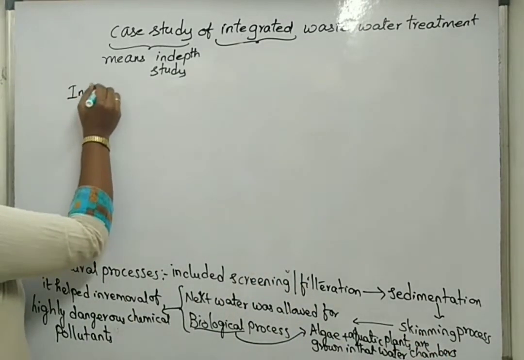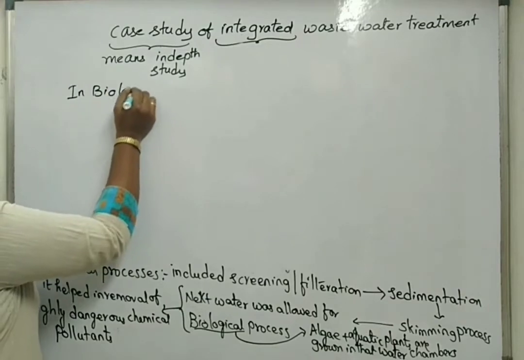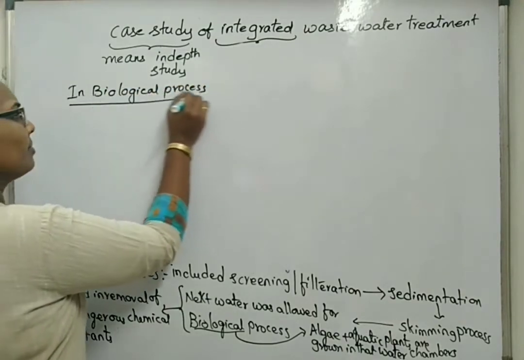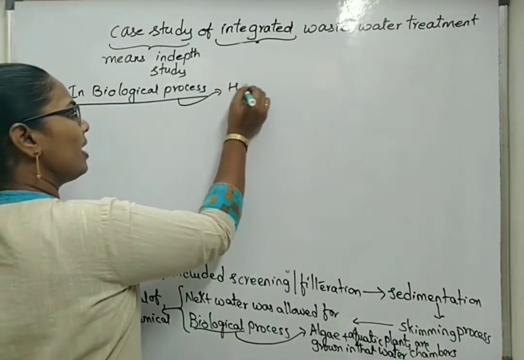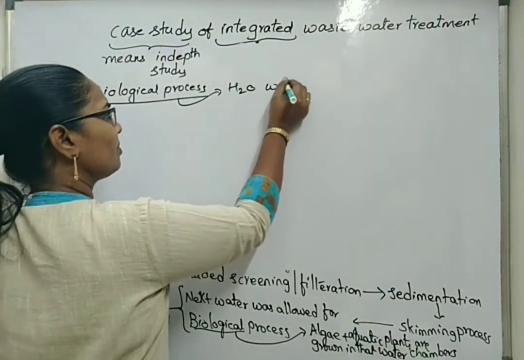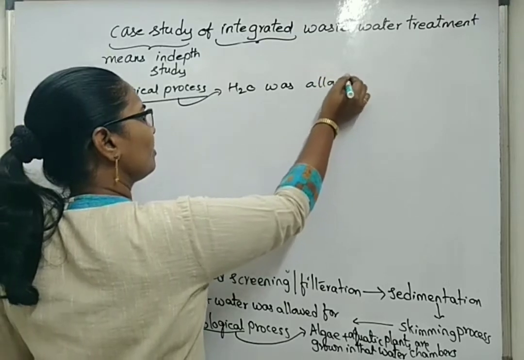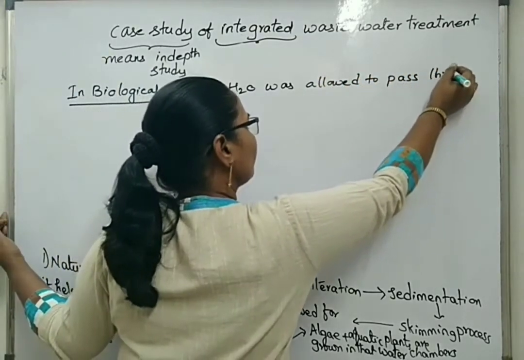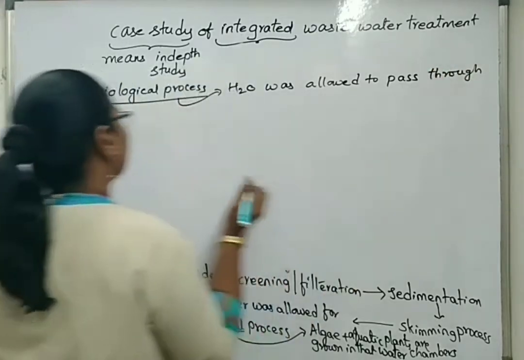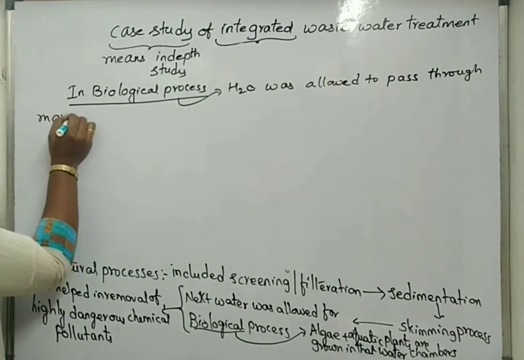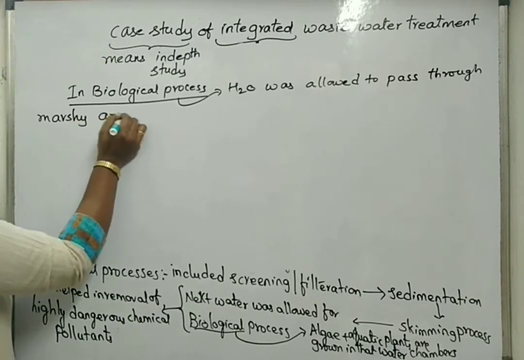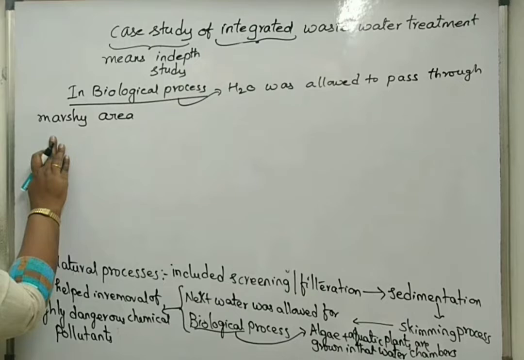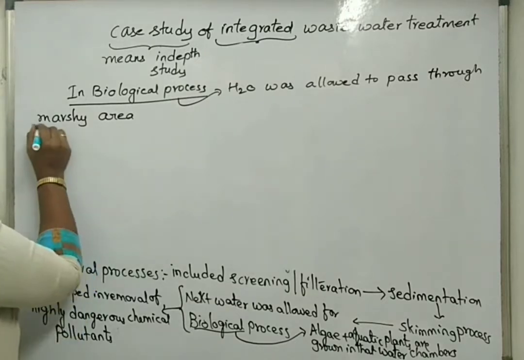In the biological process, water was allowed to pass through marshy areas. In these marshy areas, some plants, algae and fungi are allowed to grow.